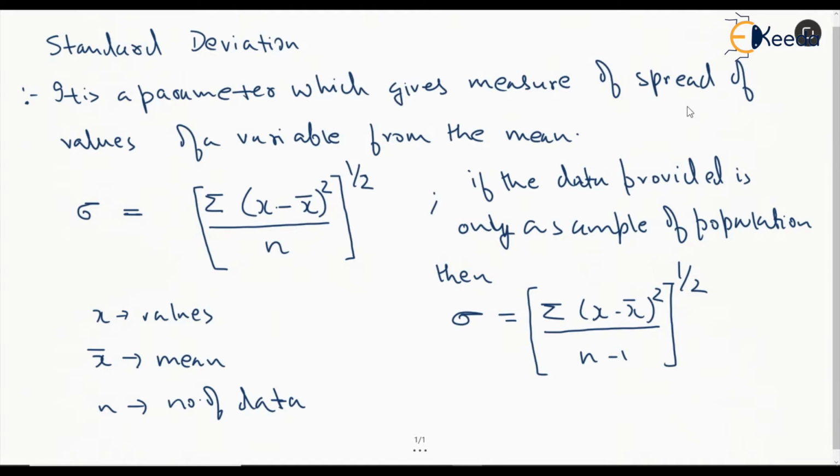So the concern is when the data provided is only a sample, that means let's say there were 20 data of a variable or some parameter, of which you are provided only 5. Now this 5 data is only a sample of the total population. So in that case, the formula is changed from n to n minus 1 from the original formula.